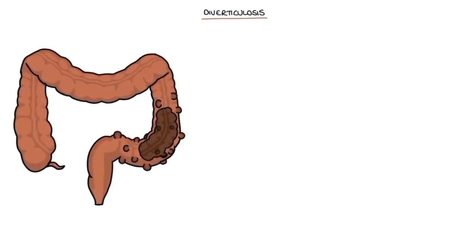Let's talk about diverticulosis. Diverticulosis is sometimes described in layman's terms as wear and tear of the bowel. The most commonly affected section of the bowel is the sigmoid colon. However, it can affect the entire large bowel in some patients.